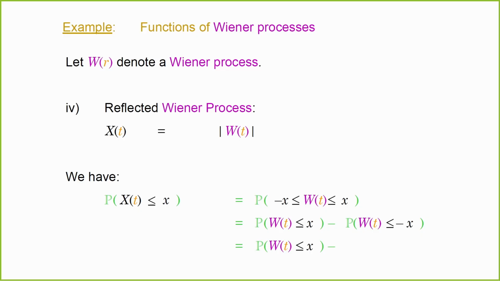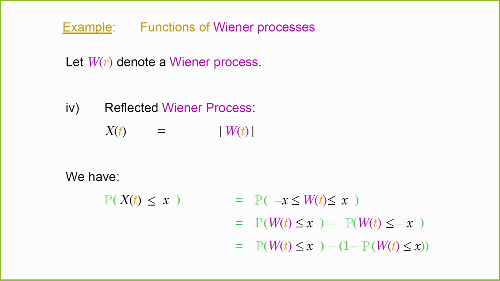So this probability, due to the symmetry of the density of the normal distribution with mean 0, because the Wiener process has the mean 0, will be the total area minus the area up to x. So this is the way to get rid of the negative argument here.